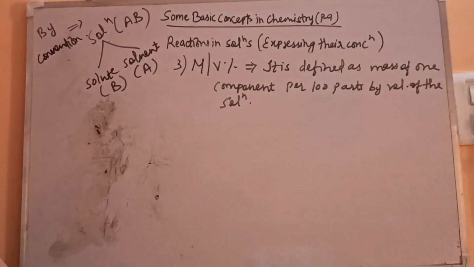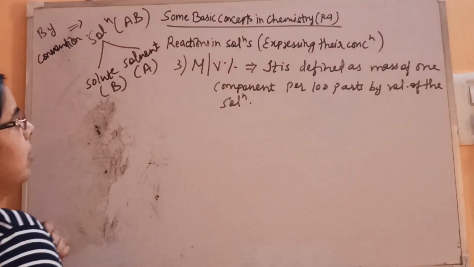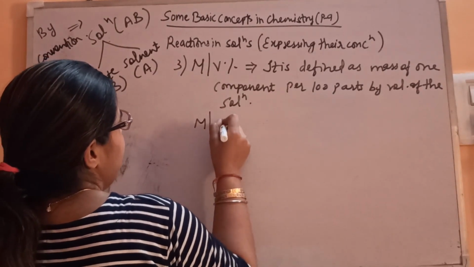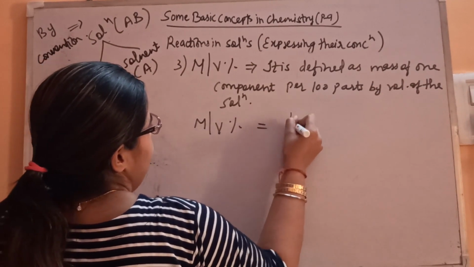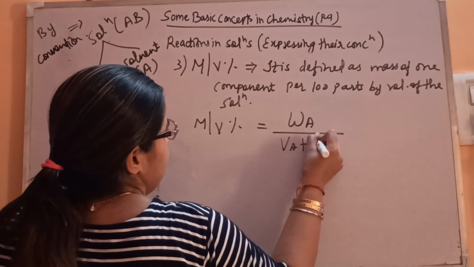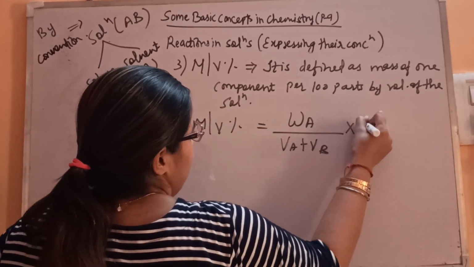Fine, this is mass by volume percentage. So that is M by V percentage is equal to WA divided by VA plus VB into 100.